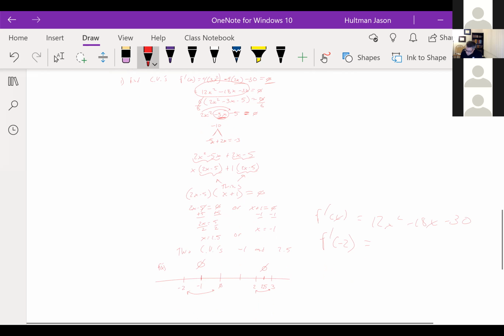And so I want to know, what's f prime of -2? Let's plug that in. That's 12 times -2 squared minus 18 times -2 minus 30. What I'm really interested in here is whether it's positive or negative. We really care less about what the value is.